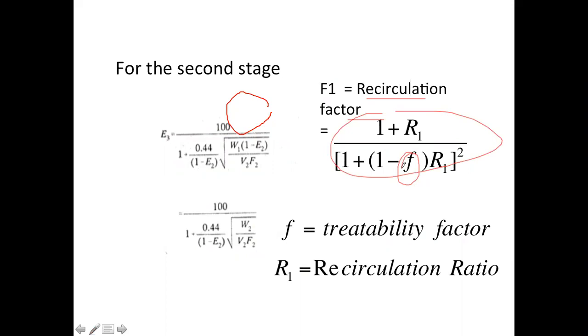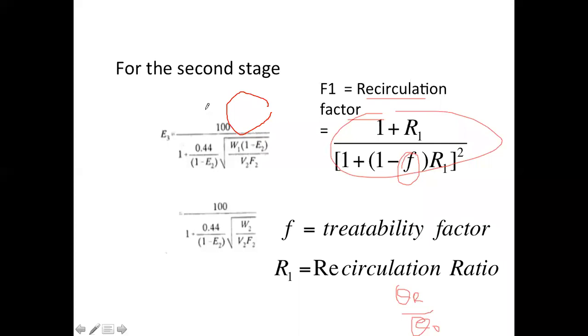So the value of F can be taken accordingly. R1 is called the recirculation ratio. This is QR, the discharge of wastewater that is being recirculated, divided by Q0, the discharge of the influent. So QR by Q0 is called the recirculation ratio. That will be in ratio form, and therefore we can calculate the recirculation factor.